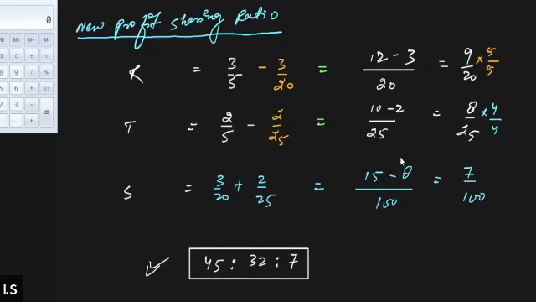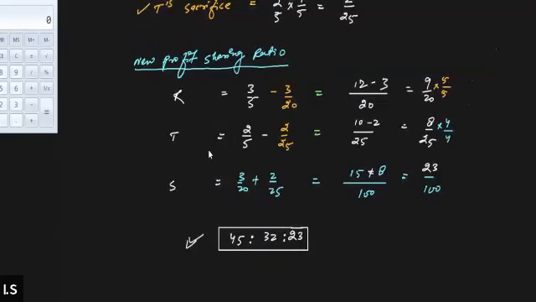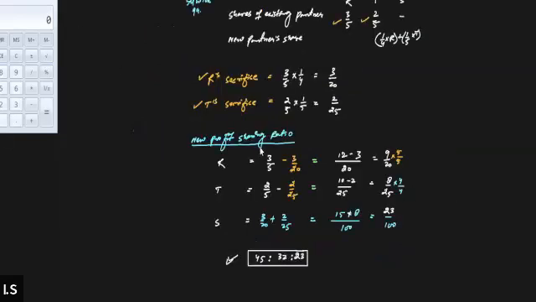Why are we subtracting it? I think it is a mistake. We need to add this, na? 15 plus 8 will be 23. I'm sorry. This will be 23. Sorry. Note this down quickly, everyone. Anybody have any doubt, please tell me. Otherwise, we'll do the next question.